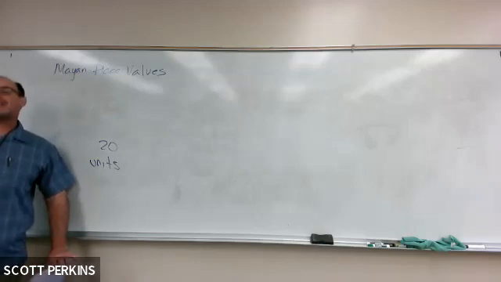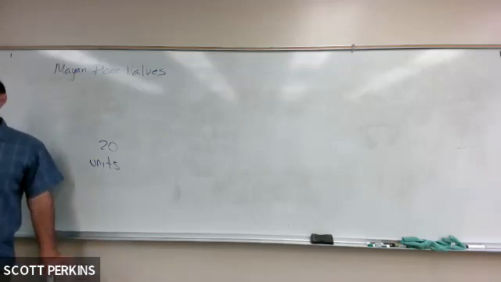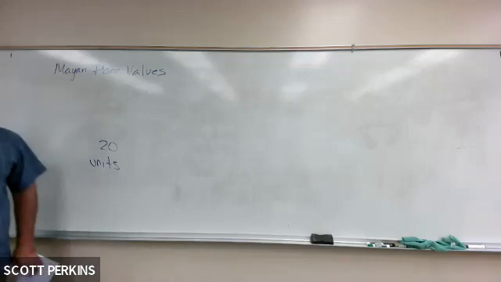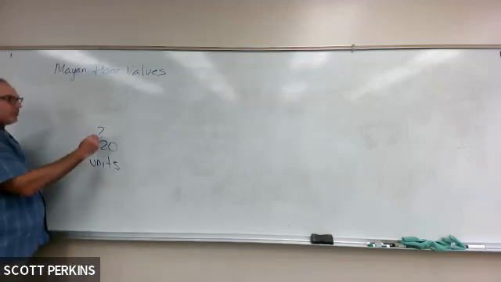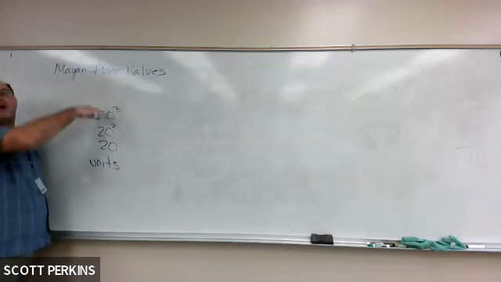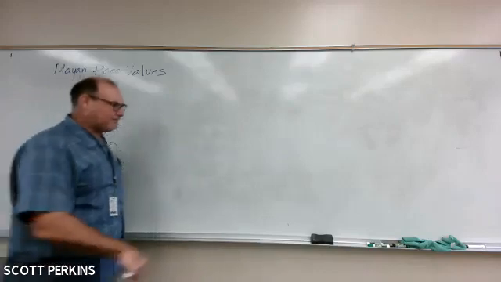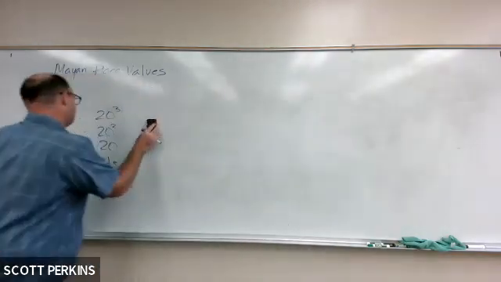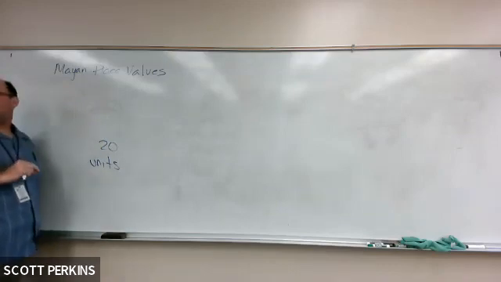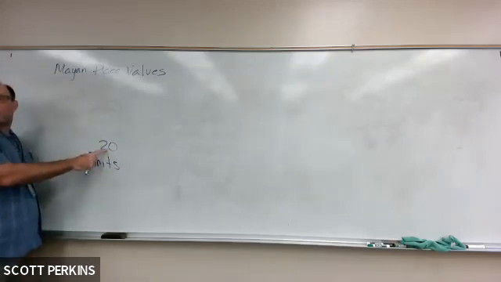Now here's what you would expect. Don't write this down. If the Mayan system was a straight base 20 system, then the next thing would be groups of 20 squared, and the next thing would be groups of 20 to the third, on and on and on. But that's not what they did. Their next place value, again because of the calendar, is not 20 times 20.